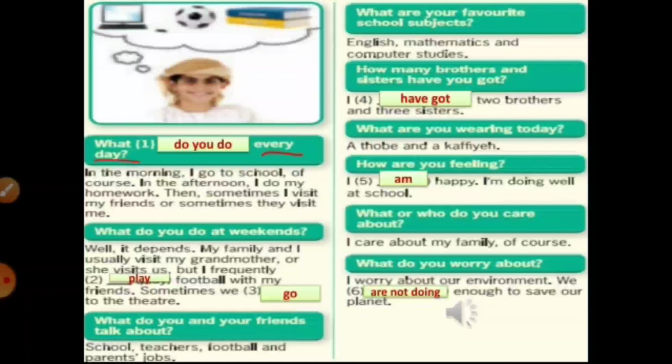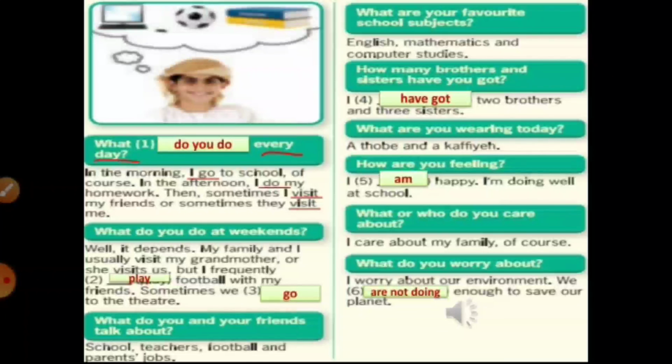I do my homework. I visit my friends. Then they visit me. Look at these verbs. I go, I do, then go, do, visit. All of these verbs also are what? Present simple. كلهم مضارع. Okay?